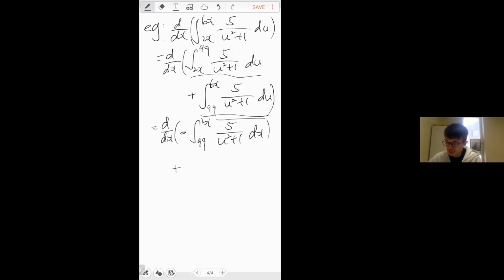And for the second term, I'm just going to apply the fundamental theorem of calculus right away. So we replace the u by 6x. And then because the upper limit is not just 6x, I need to multiply by the derivative of 6x.